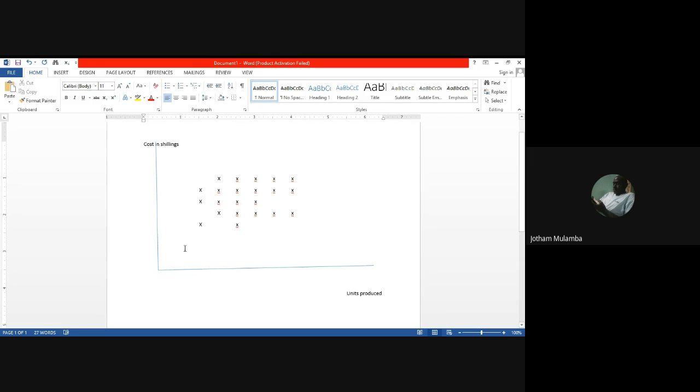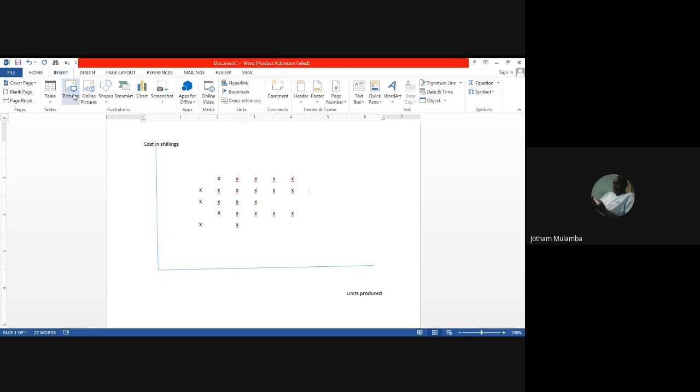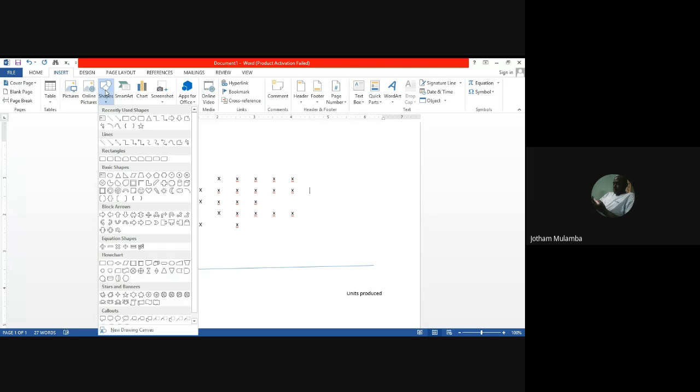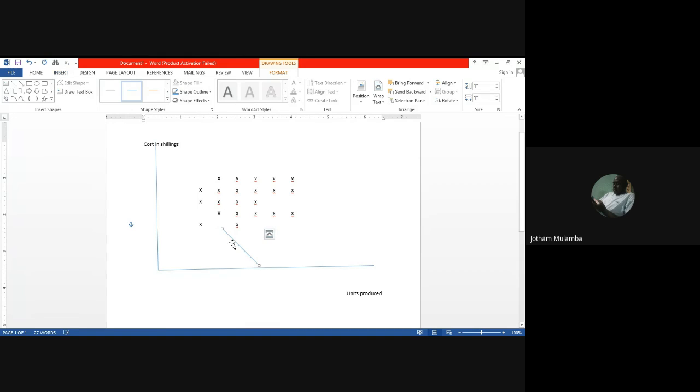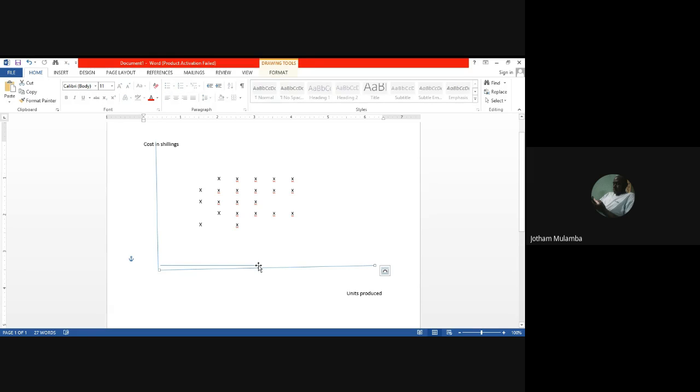Now I'll insert another shape. Whatever this line I'm drawing, I'm trying to make it touch the highest number of units.